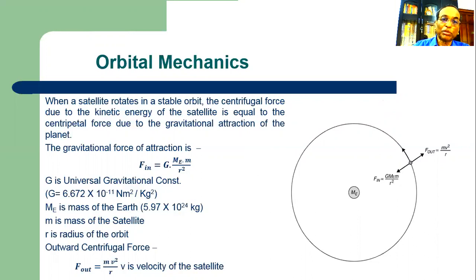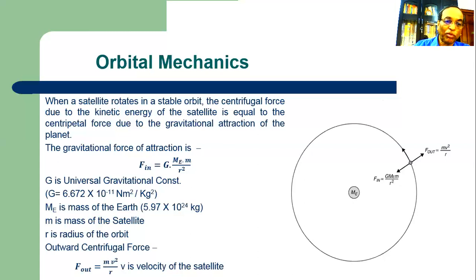The gravitational force of attraction is equal to G times ME times the mass of the satellite divided by R square, where R is the distance of the satellite from the Earth's center. G is the gravitational constant, ME is the mass of the Earth, and M is the mass of the satellite.